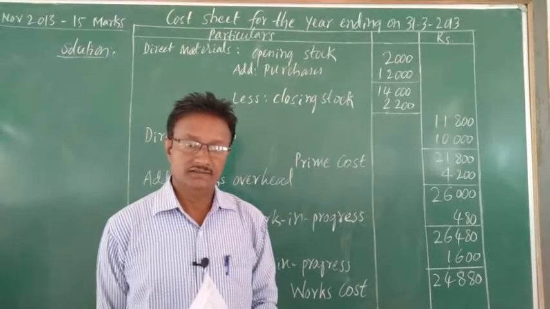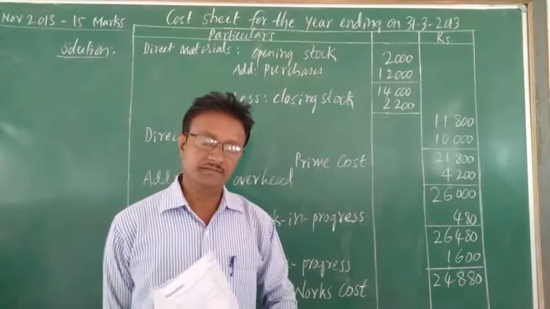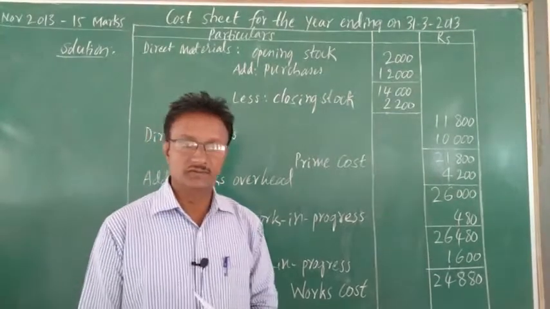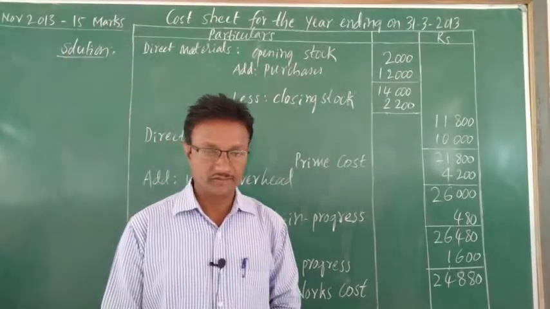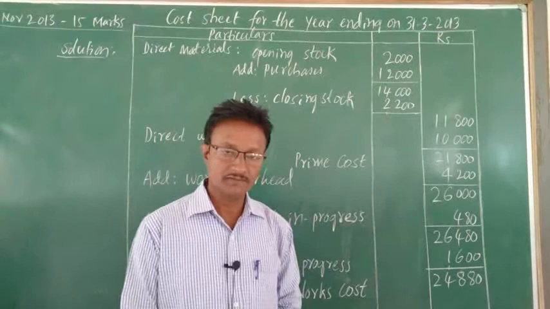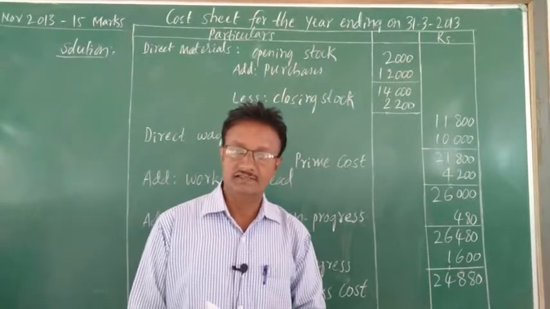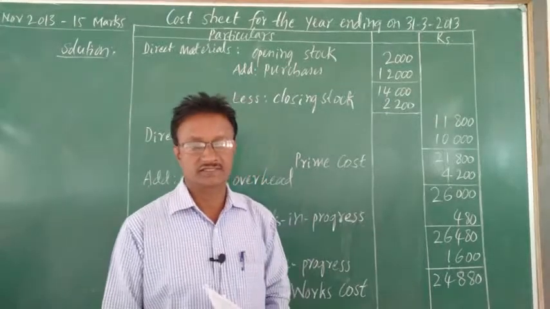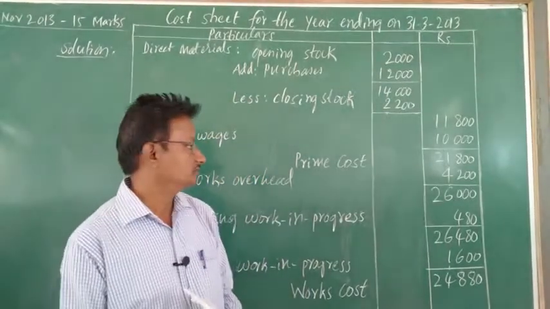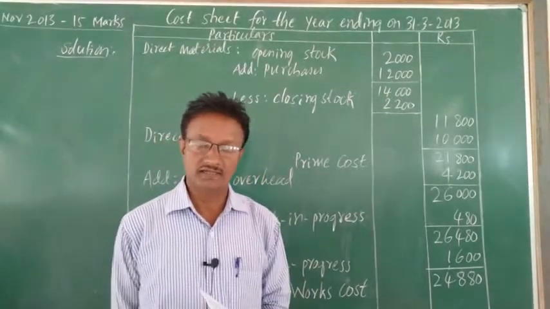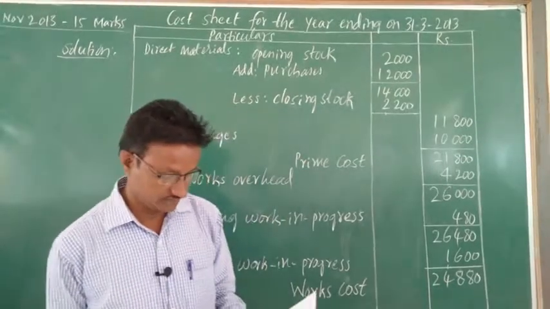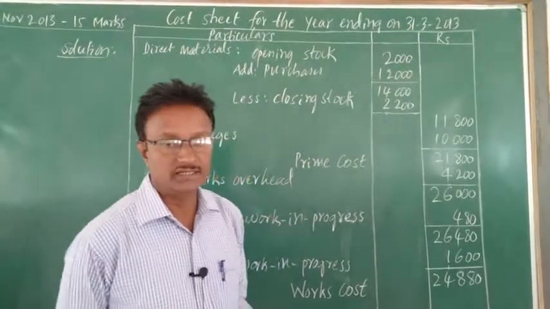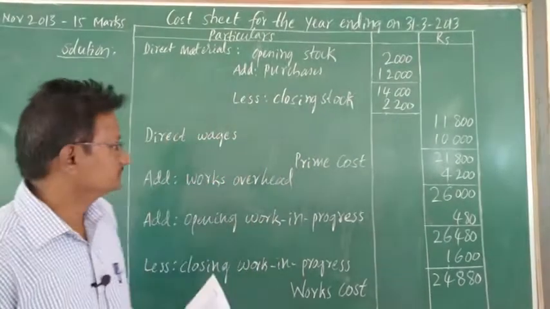For preparation of cost sheet, first we have to ascertain the prime cost. Prime cost is the aggregate of three things, that is direct materials, direct labor and direct wages. So first we have to ascertain the materials consumed.